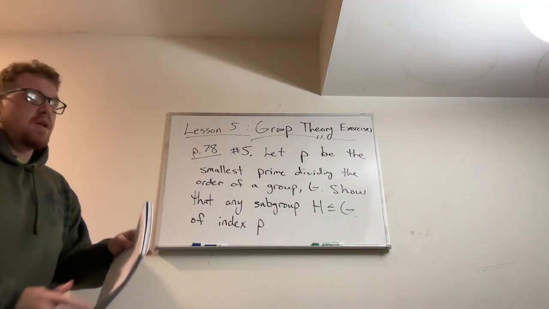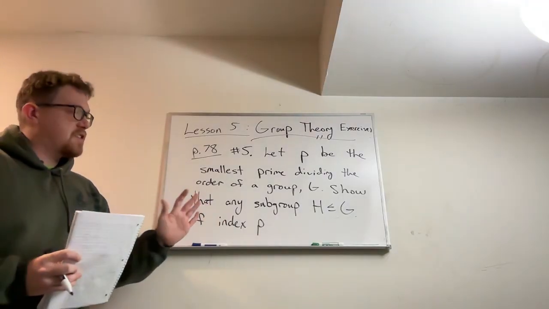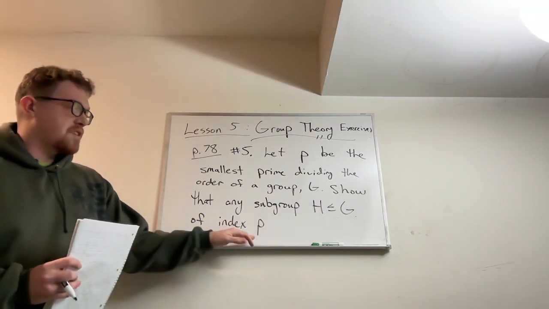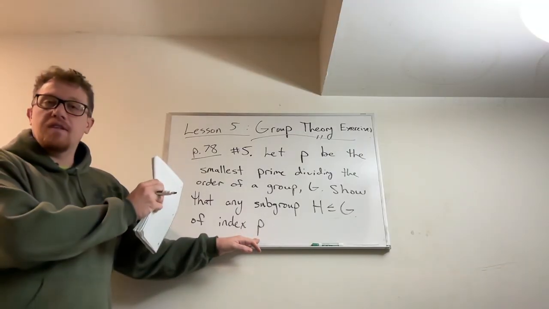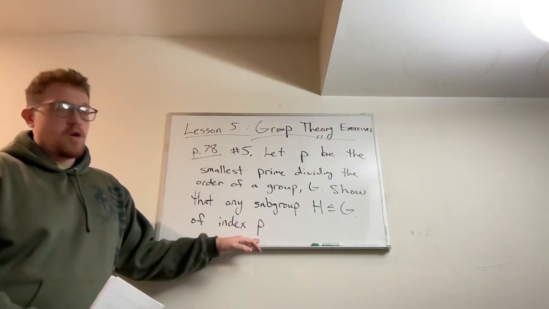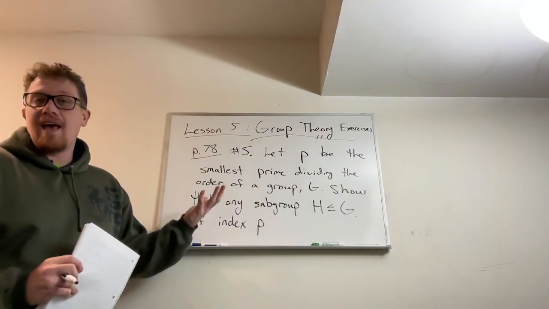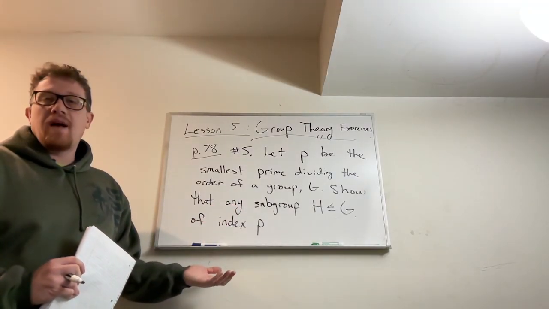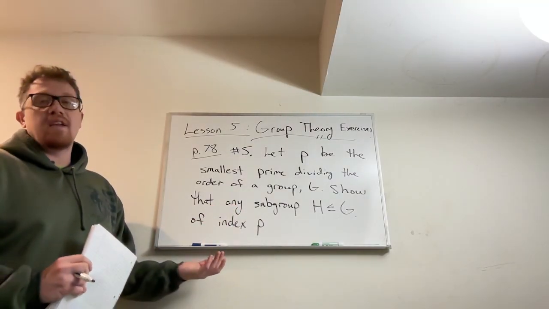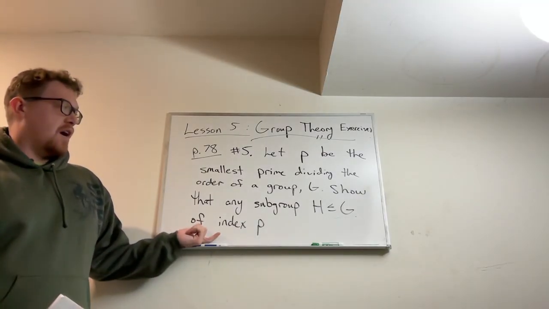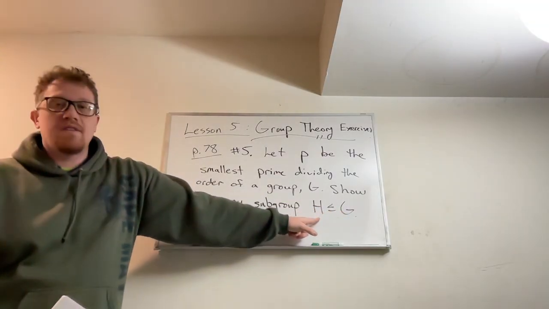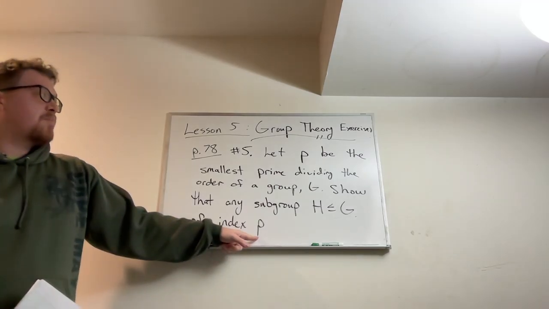Remember, I'm not sure if we said this, but this is just common terminology. The index of a subgroup is the size of the group divided by the size of the subgroup. So if your group is size n and the subgroup has size m, then the index is n divided by m. So when we take the size of the group and divide it by the size of the subgroup, we're getting p, and p is some prime number.